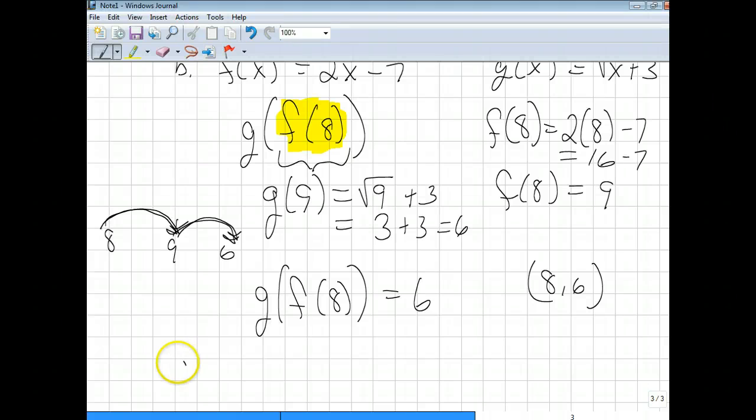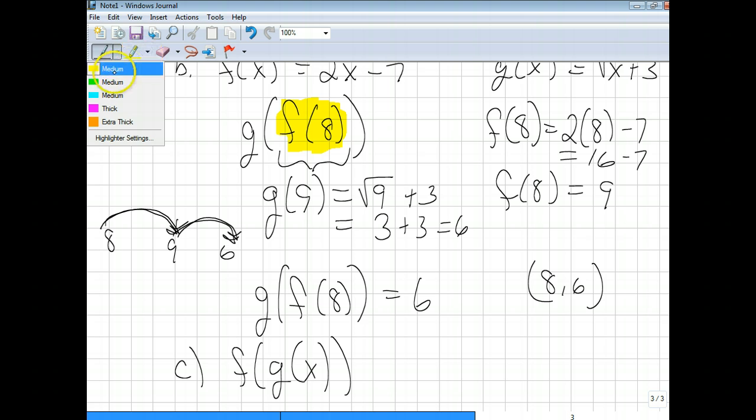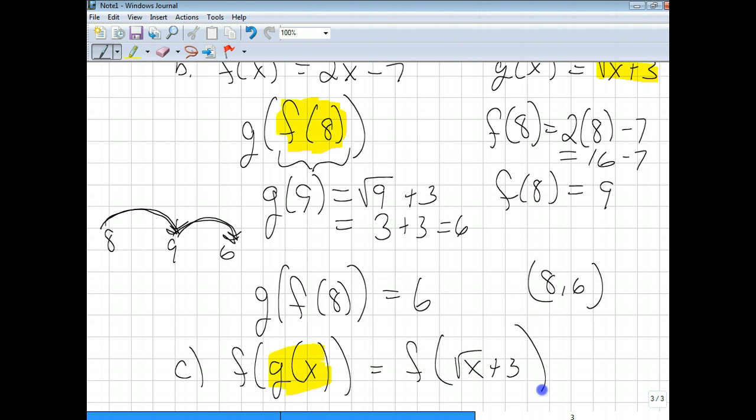So now C, example 3, if I want to do f of g of x. Well, the g of x function is square root of x plus 3. So I can replace the g of x function with square root of x plus 3. So that says in the f function, wherever there's an x, put square root of x plus 3 in its place.